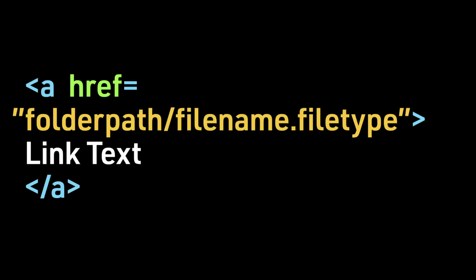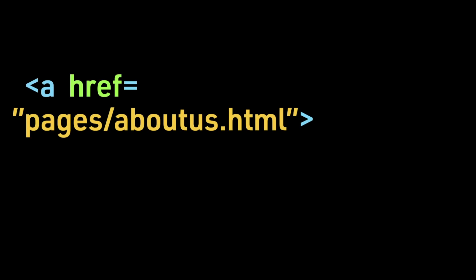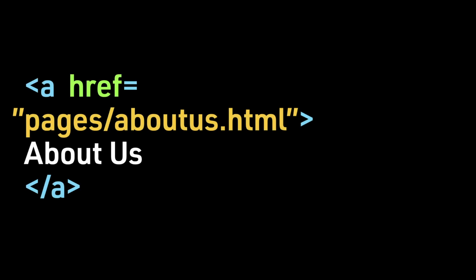A opening tag, href equal to folder path /filename.filetype in quotation marks, link text, a closing tag. A opening tag, href equals "pages/aboutus.html" in quotation marks, About Us, a closing tag.